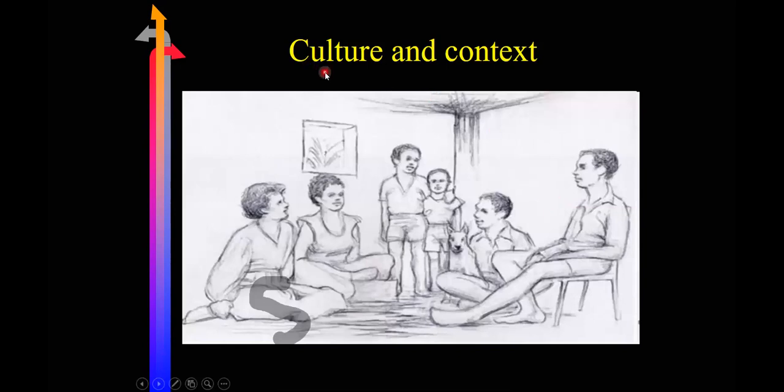Turns out that even culture is a context that influences perception. And this picture card here helps us to illustrate this. They showed this picture card to people from two different groups.